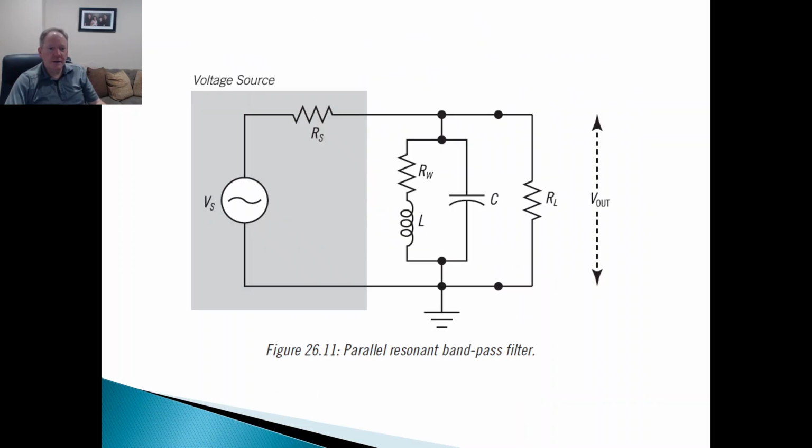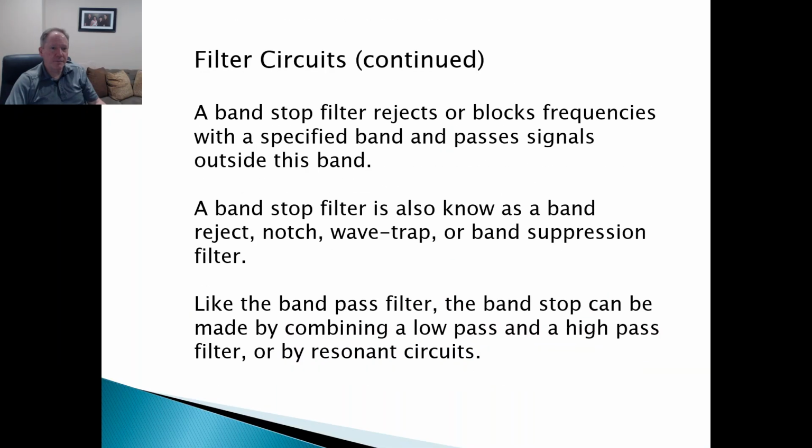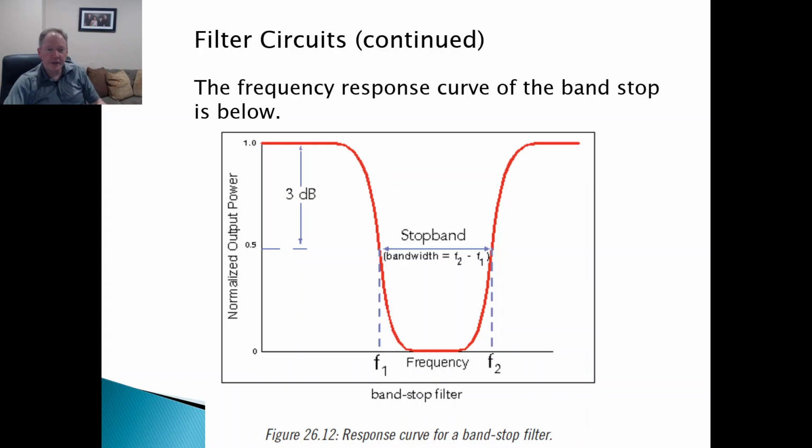There's some more information on here, but on the final exam, there's just a section that will show you a filter and ask you to identify it. Is it a high pass, low pass, band pass, or band stop? The band stop is just the opposite of the band pass.